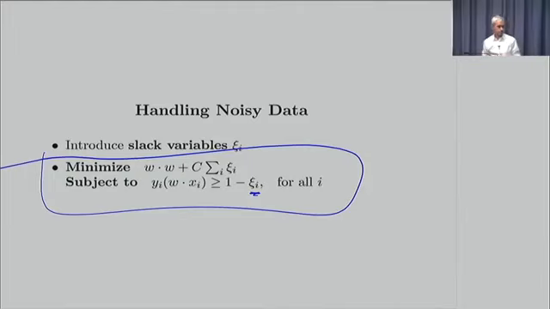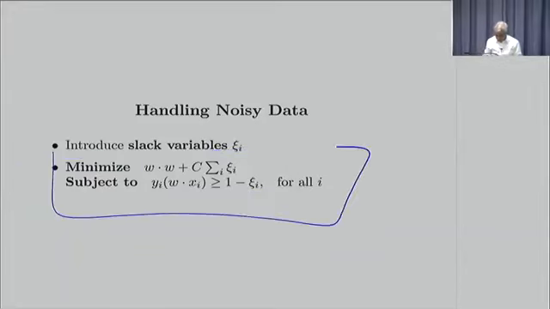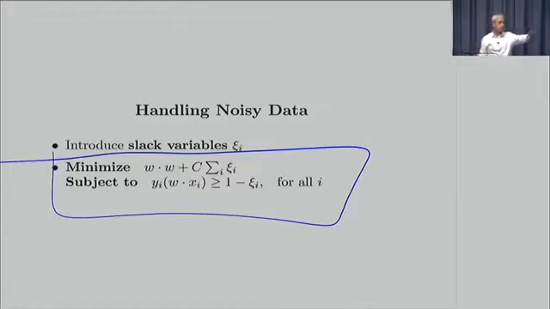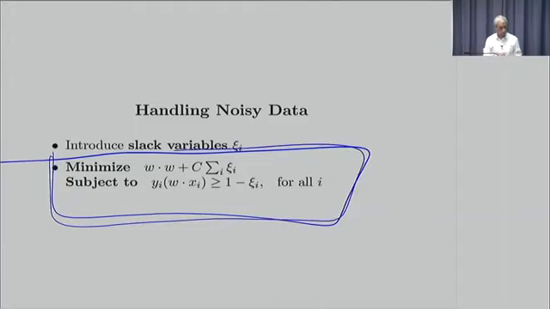What is psi i mathematically? The definition of psi i is this statement here. Pretend for a moment that I didn't tell you anything about slack variables. I said the way we're going to handle noise is that we're going to modify the optimization problem to be this problem here.